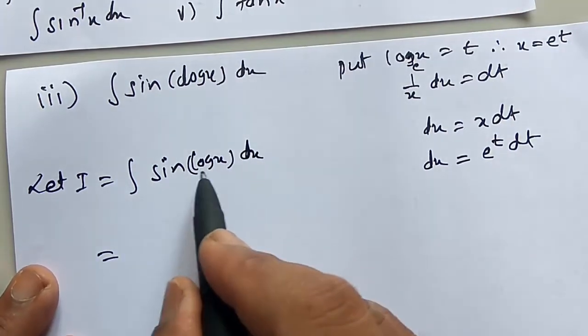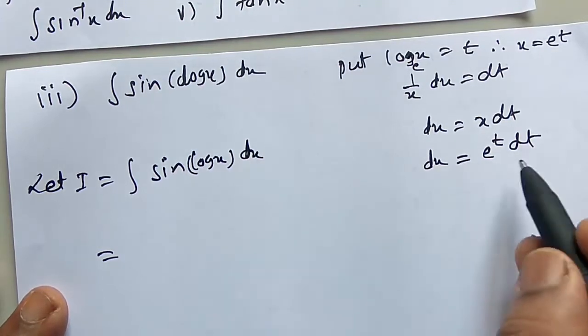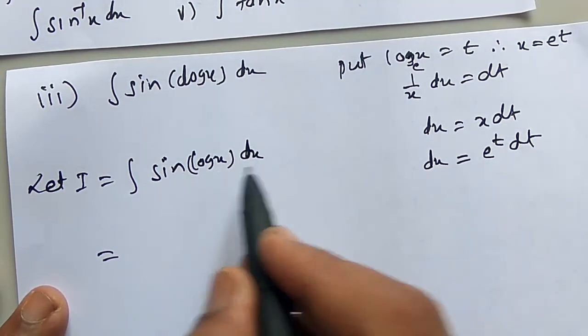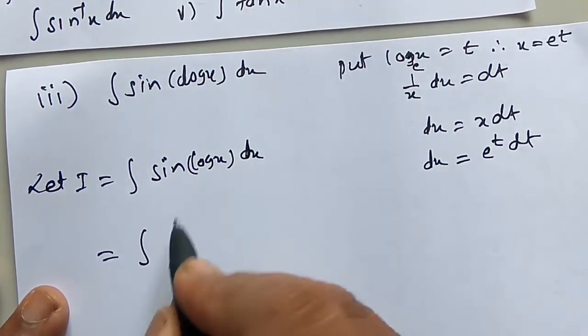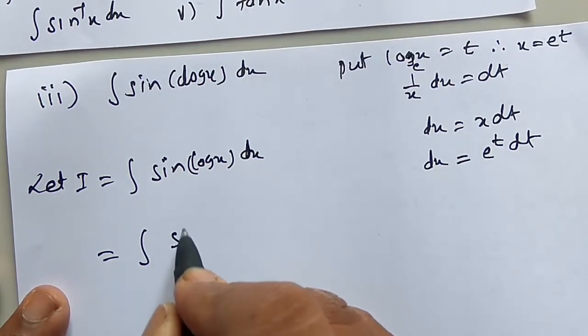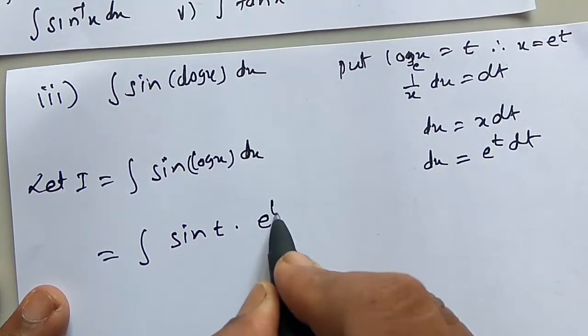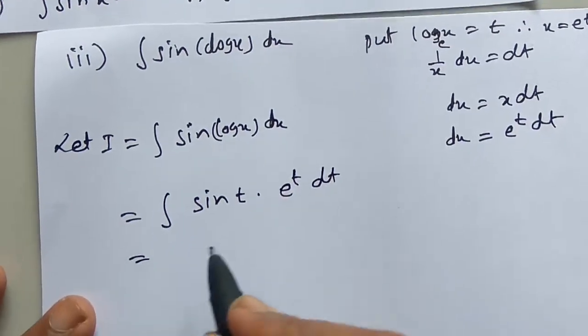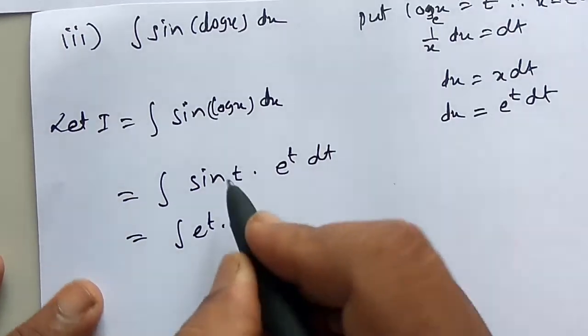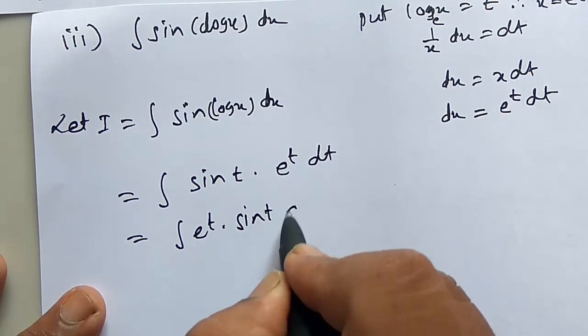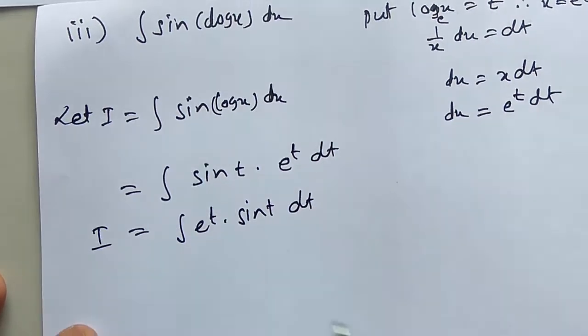Now we replace dx by e raised to t dt and log x by t. So this is equal to integration of sine of t into e raised to t dt. So it is equal to integration of e raised to t into sine t dt. This is equal to I.